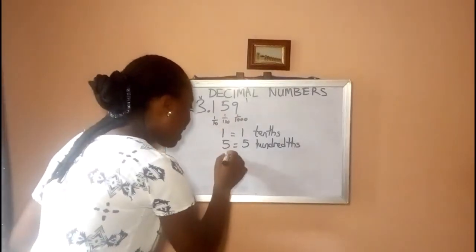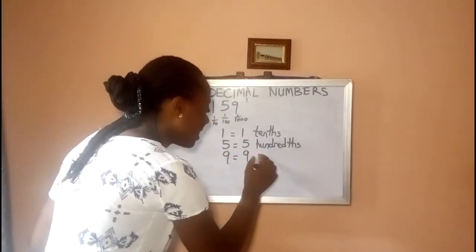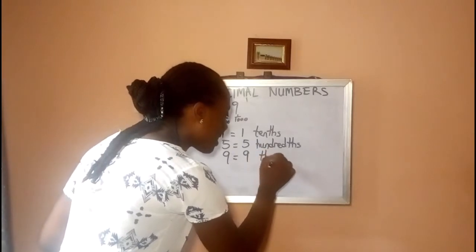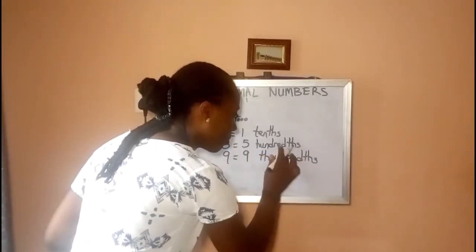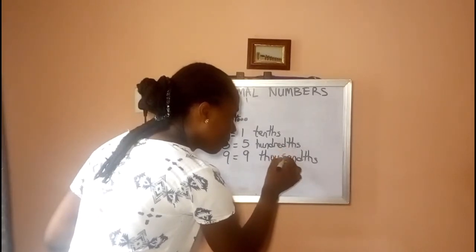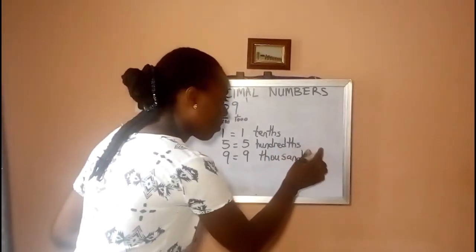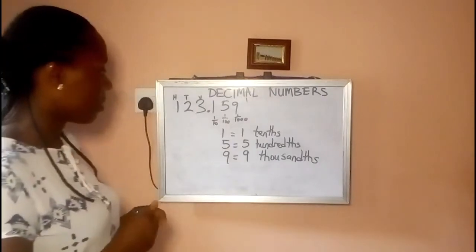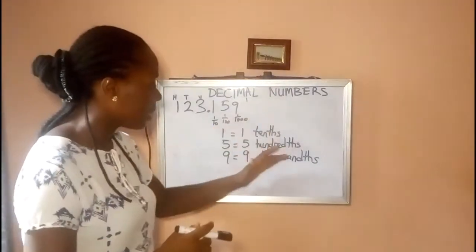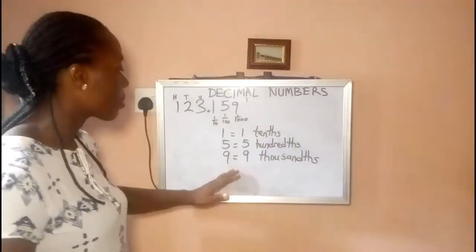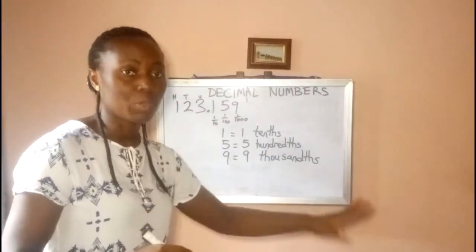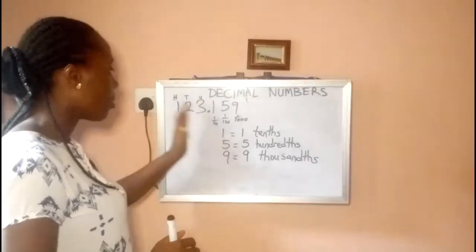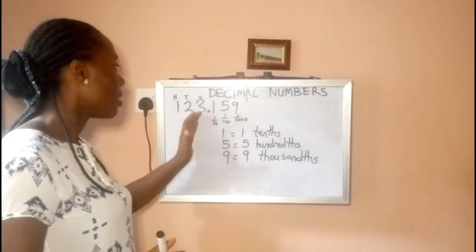For the 9, we have 9 thousandths. It keeps going down, down, down. The next one will be ten thousandths, and it keeps going like that. But the ones before the decimal point are usually progressive, moving forward.